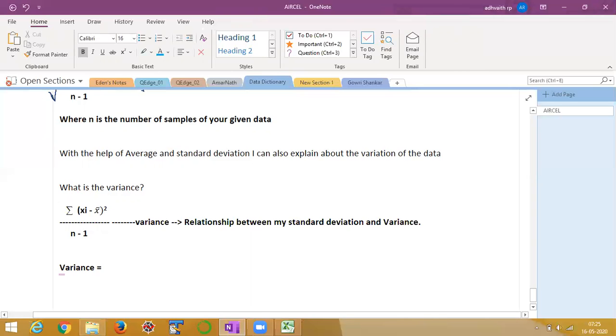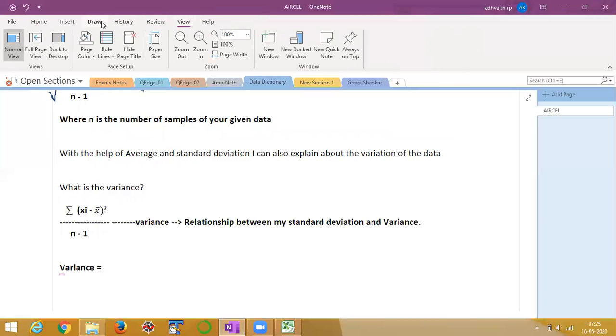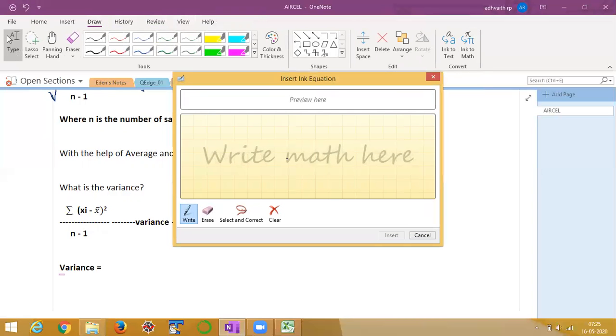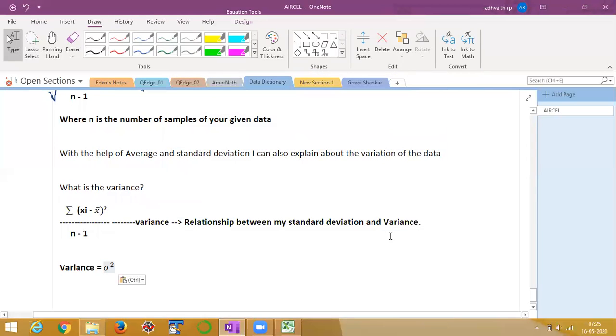Variance is equal to sigma square. Instead of writing it like this, I'll write it like this because notation-wise it looks better. Clear, guys? So that is the relationship between variance and standard deviation.